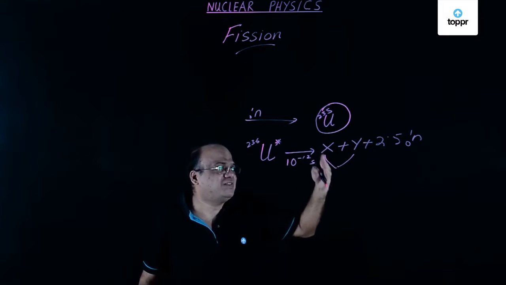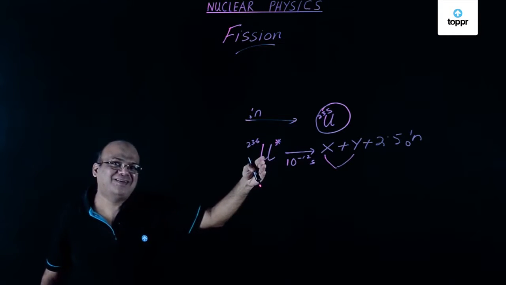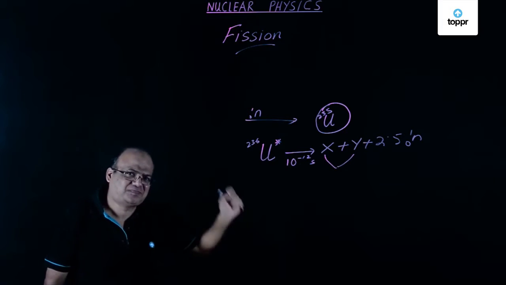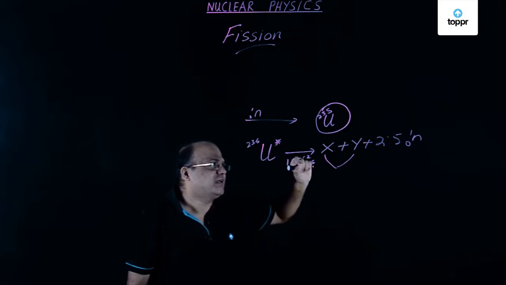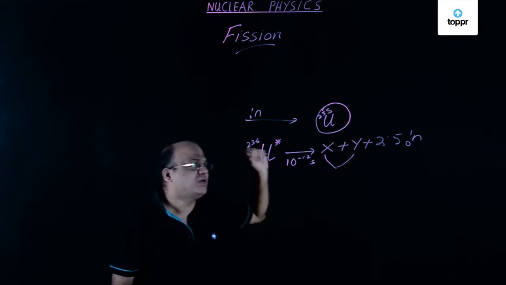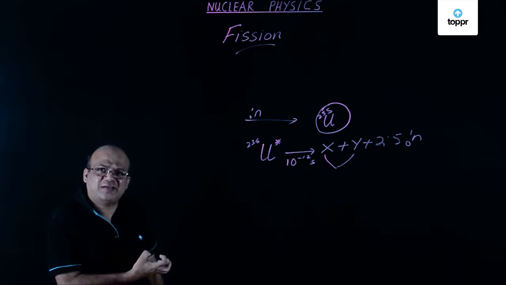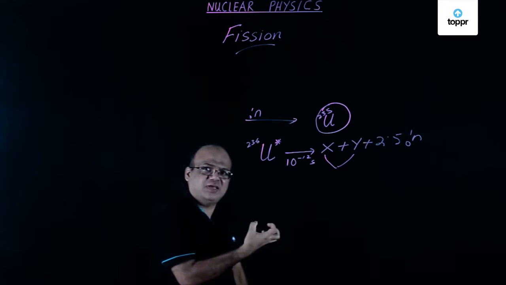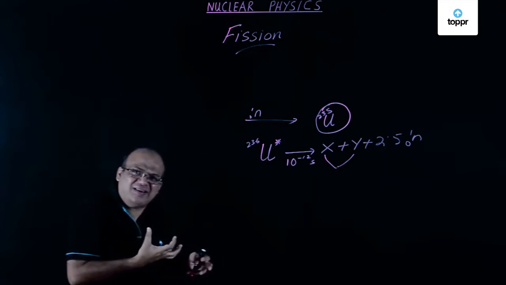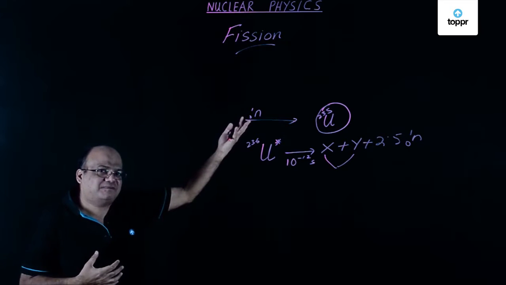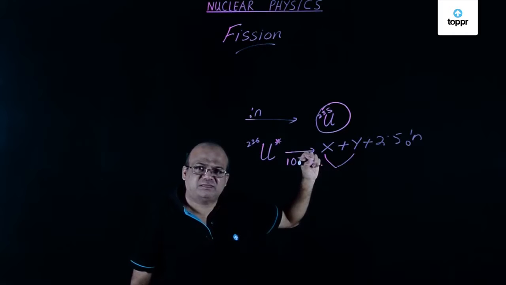Mass defect is mass of all these things minus the mass of this nucleus. The binding energy per nucleon of daughter nuclei is more than 0.9 MeV compared to parent nucleus, and this results in the release of energy. This is called nuclear fission.